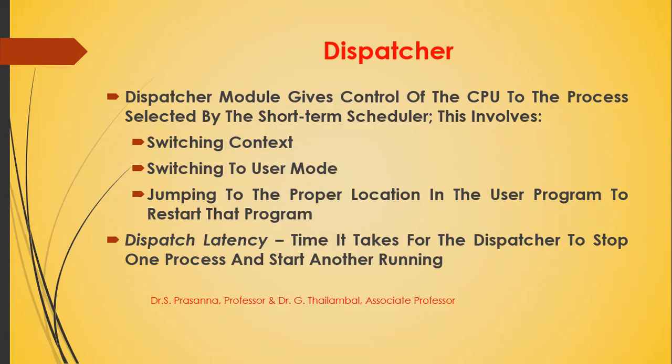The short-term scheduler helps you select a process. When scheduling starts, context switching happens, user mode switching happens, and the pointer is moved to the proper location for executing the program.